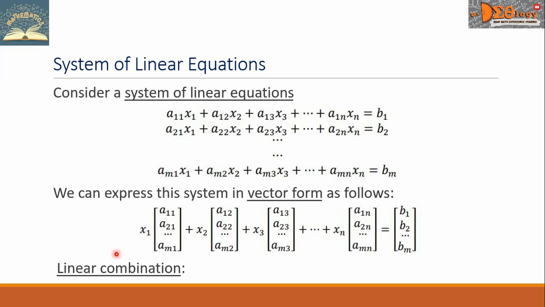Now, for linear combination, we can represent this vector form like this: x sub 1 times the vector u sub 1 plus x sub 2 times the vector u sub 2 plus x sub 3 times the vector u sub 3 plus up to this x sub n times the vector u sub n is equal to the column matrix for the constants, which can be represented as vector v.